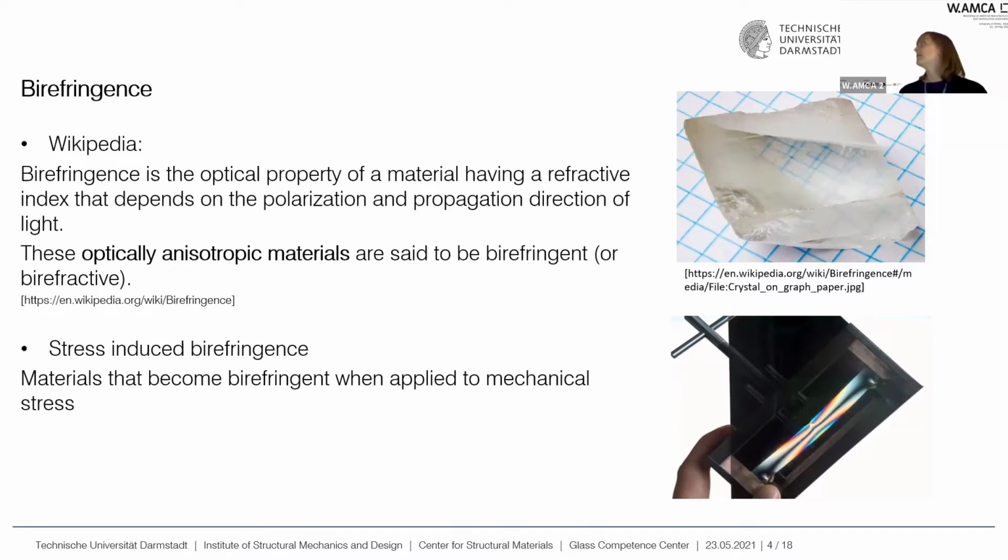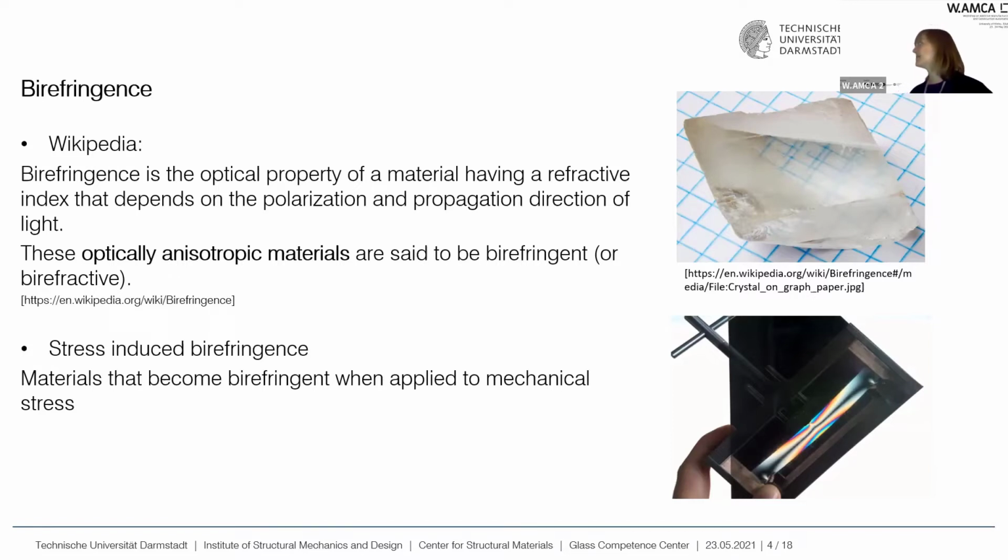On the top, we can see a crystal that has different refractive indexes depending on the direction. And glass is an isotropic material, but it gets birefringent when subjected to stresses. So when glass is subjected to stresses, it also has these different refractive indexes.